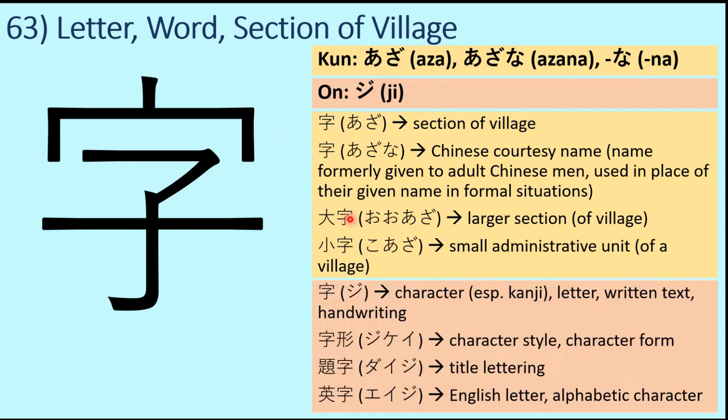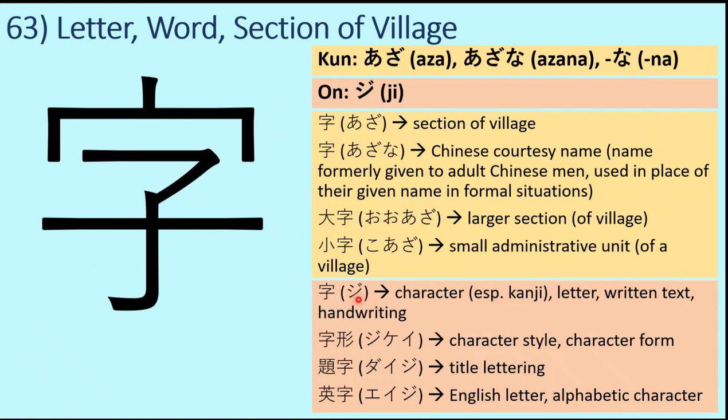In On'yomi, the meaning of ji is character, especially kanji. So in the spelling of the word kanji, we see this character present. So there are two characters in the word kanji. There is one character for kan and there is one character for ji. So this is that ji which is present in kanji.